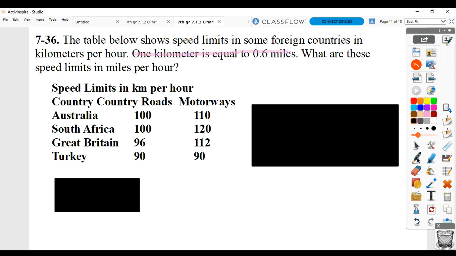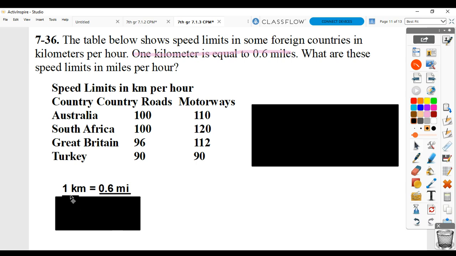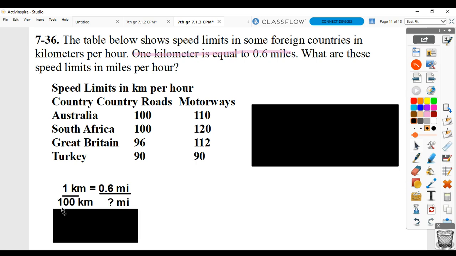Now, if we know that 1 kilometer equals 6/10 of a mile, you can use the basic idea of a proportion. If 1 kilometer is equal to 6/10 of a mile, then, for example, 100 kilometers equals how many miles? So all of these could be solved using the proportion method or cross products. 100 times 0.6, and then divide by 1.